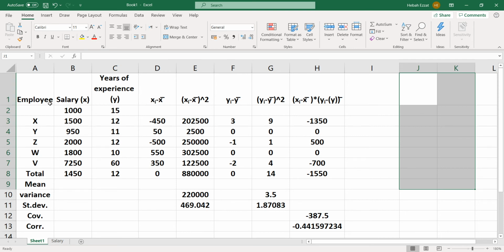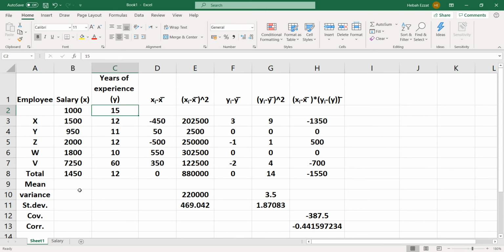The example is that the company has selected some of its employees as a sample, and it collected data about their salary and years of experience in order to study whether the salary paid to their employees depends on the number of years of experience or not.